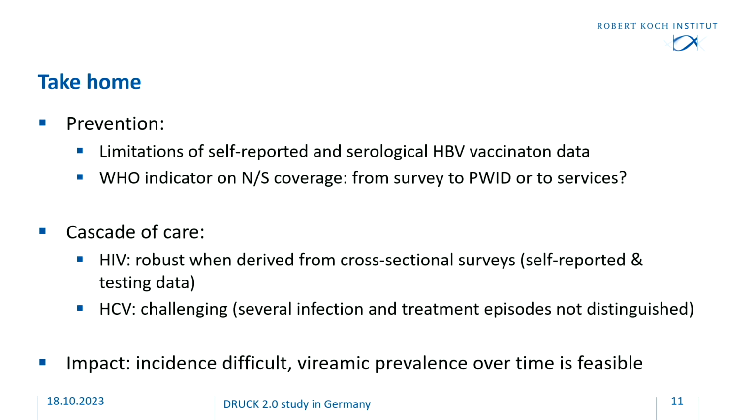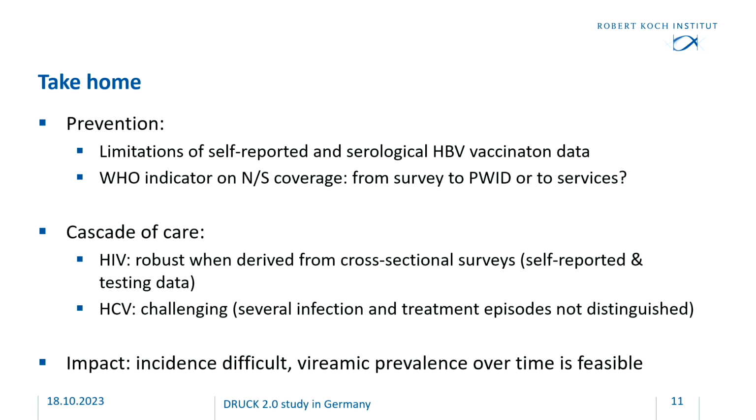So take home in terms of prevention, we see these huge limitations of the self-reported and also of the testing HPV vaccination data. So happy to discuss how we should go for that. And we can also discuss whether the WHO indicator on needle syringe coverage should be derived from surveys to people who inject drugs or from surveys to services.